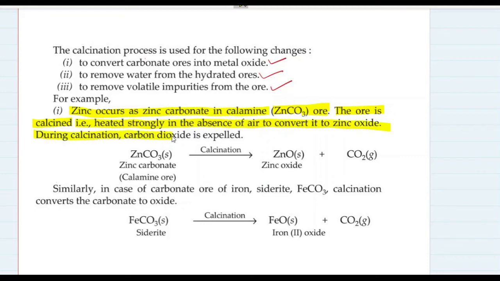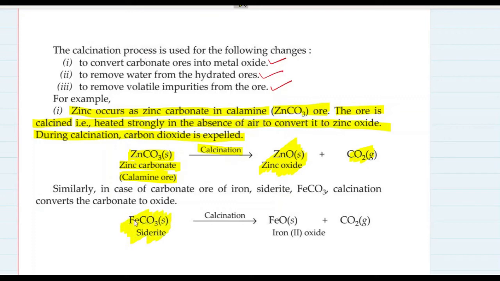During calcination, carbon dioxide is expelled. So, zinc carbonate, calamine ore, is subjected to calcination, that is, it is heated strongly in the absence of air and it gets converted into zinc oxide, which we needed, and carbon dioxide is evolved.